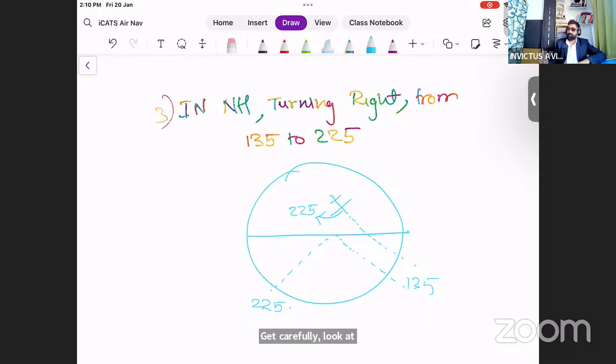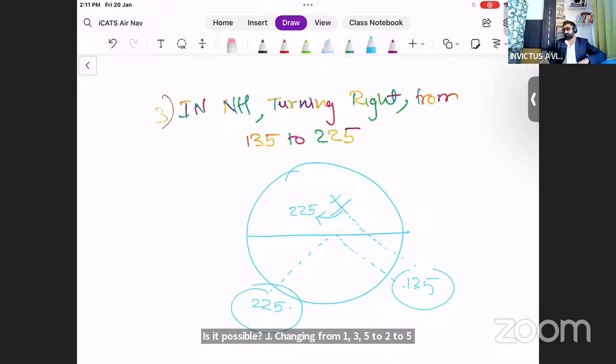How would I do a right-hand turn in the Northern Hemisphere if I have to go from 135 to 225? I want you to take a couple of minutes and try and plot it. How can I take a right-hand turn in the Northern Hemisphere? Is it possible? Changing from 135 to 225.